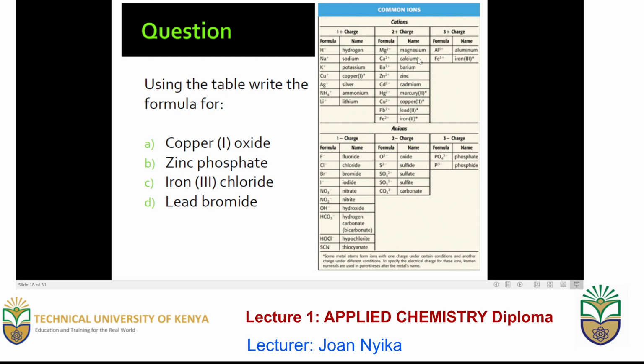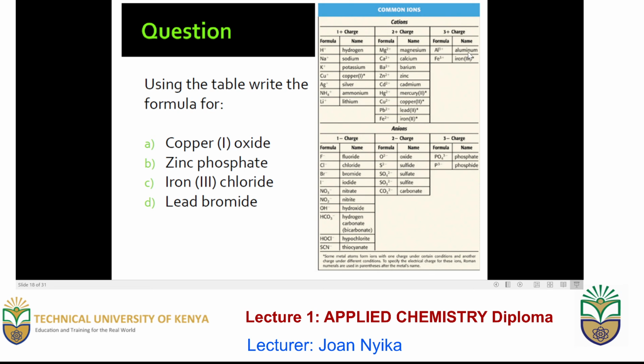Magnesium, barium, calcium, zinc, cadmium, mercury, copper, lead, and iron all have a charge of positive 2. They must transfer the 2 electrons to get a stable state. Aluminium and iron 3, on the other hand, also require losing 3 electrons.